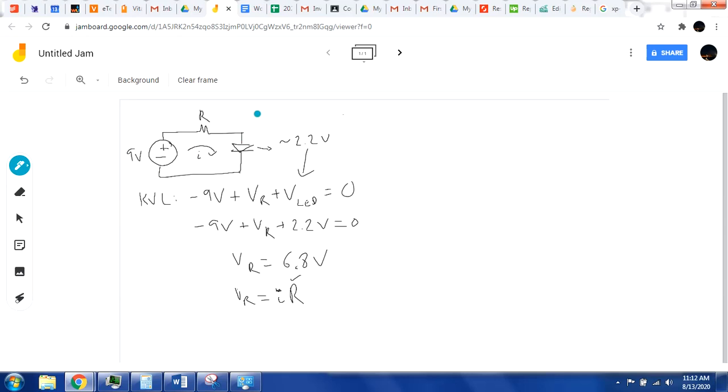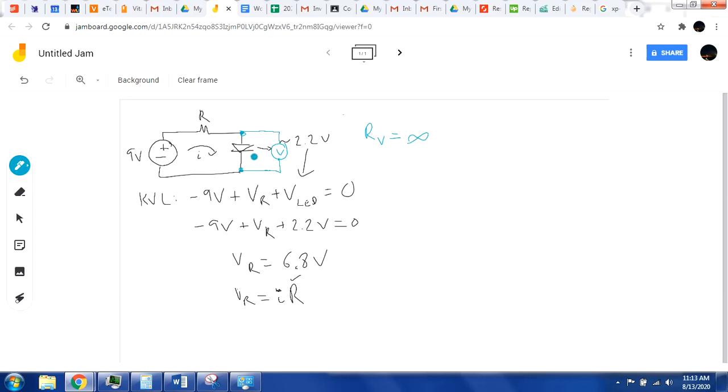I should also mention how to measure any of these quantities. Suppose I want to measure the voltage drop. I'll make blue my voltmeter. In order to measure, say, the voltage drop here and get our 2.2 volts across our LED, we would connect the voltmeter in parallel. That way we're measuring the voltage drop across these two terminals.